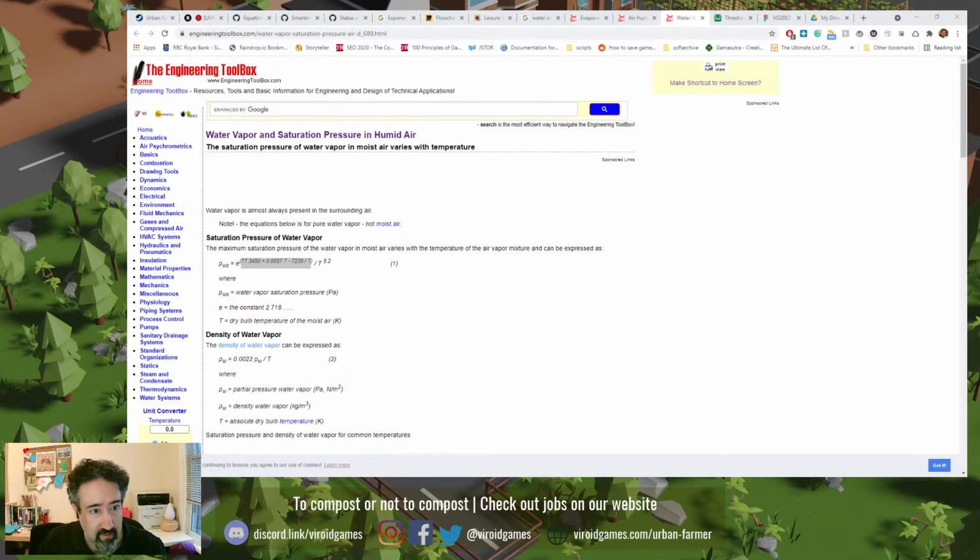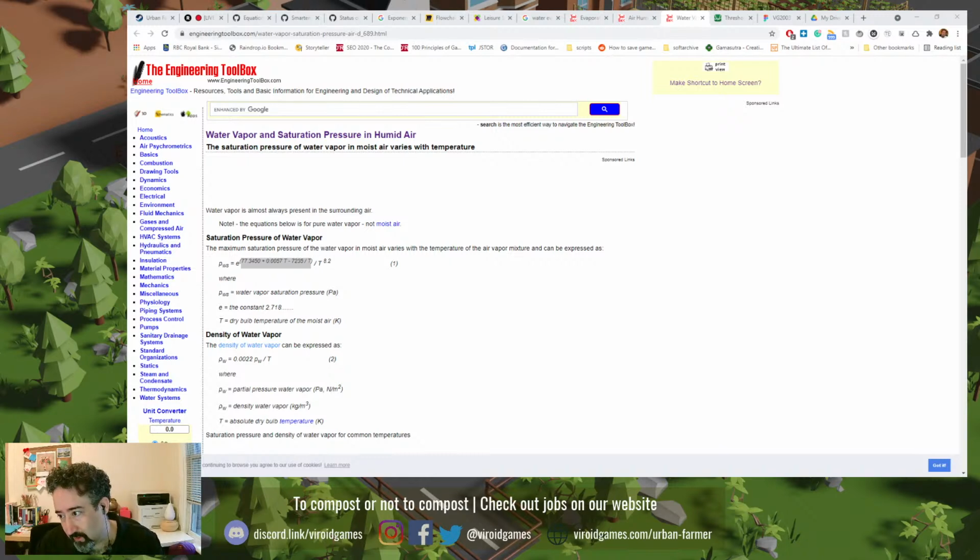Power part will be such that we'll have 77.345 plus 0.0057 times temperature minus 7235 over temperature. That's done. Okay, that is the power part. Now there is also the powerful temperature, very descriptive name, right?